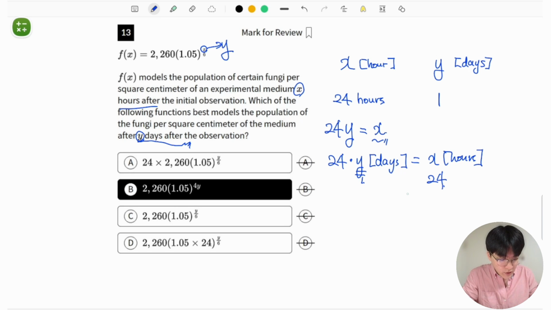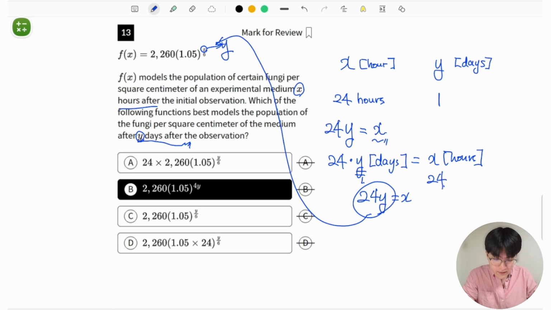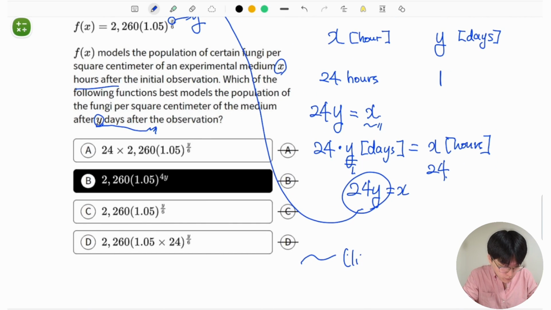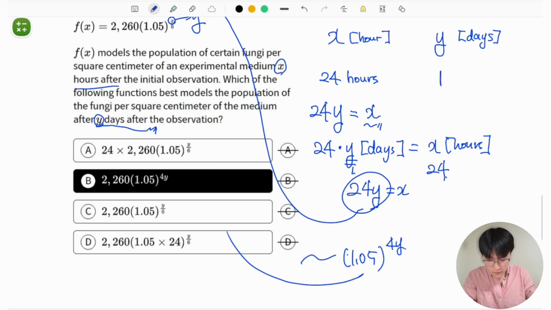Okay? So we get the formula 24y is equal to x, and if we plug this 24y in the position of x, then we get, if all things stand equal, 1.05 to the power of 24y divided by 6, and that is just simply 4y. Okay? Therefore, the answer is B.